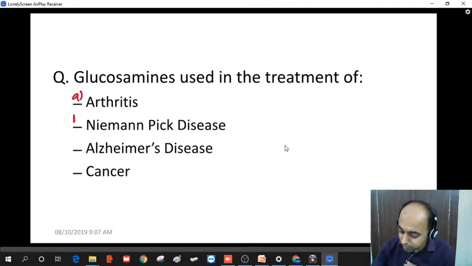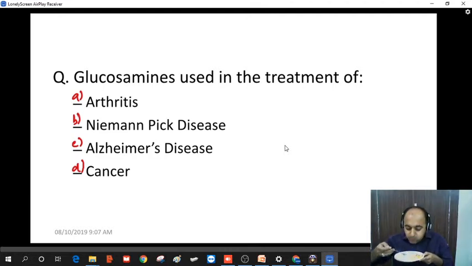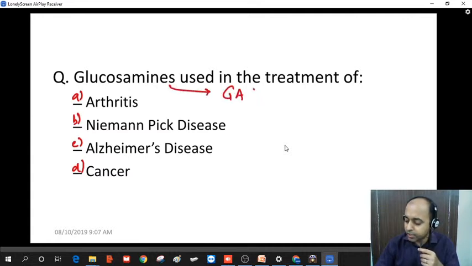Similar question again from the glycosaminoglycans and a bit of applied aspect. Glucosamine used in the treatment of... Remember the glucosamine we had said is required for the synthesis of glycosaminoglycans.